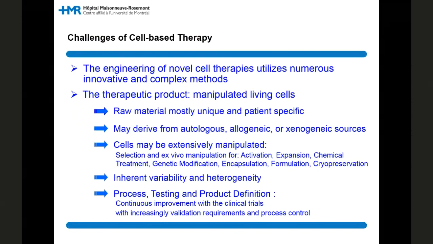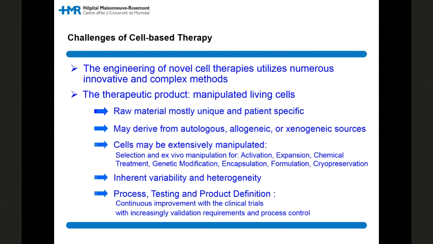This may, if you're using cells, come from autologous or allogeneic and even xenogenic sources, although recently the xenogenic sources have been less popular. Cells may be extensively manipulated, and you see a list of manipulations that can go on from activation to gene modification, encapsulation, etc. And the whole idea is to really limit variability and heterogeneity.